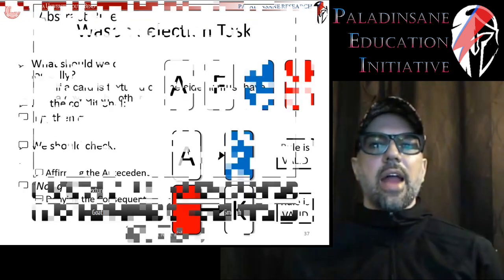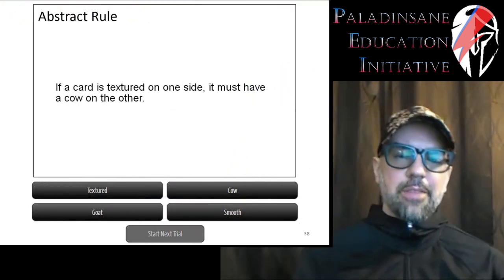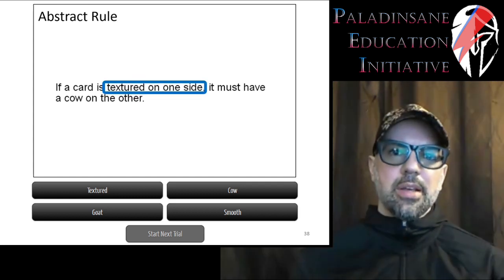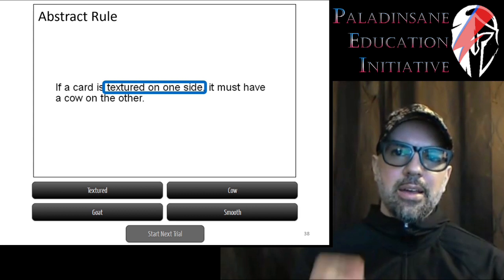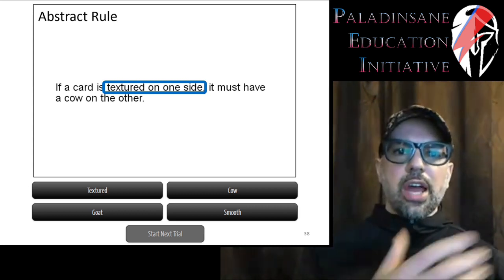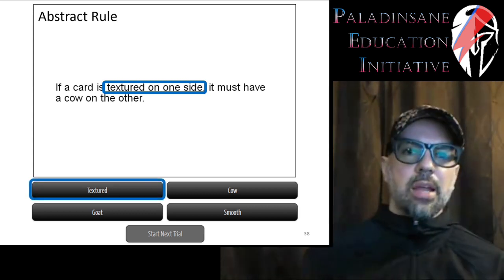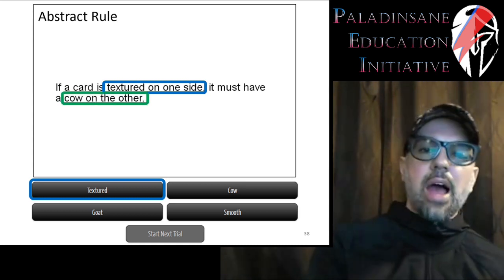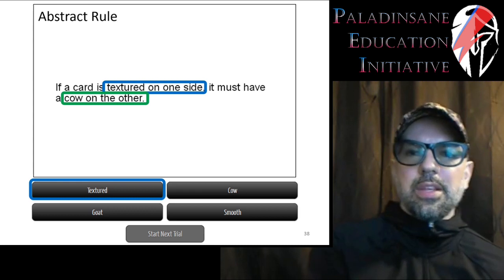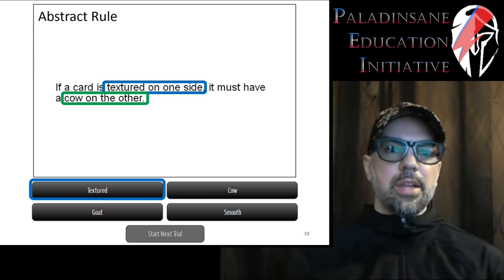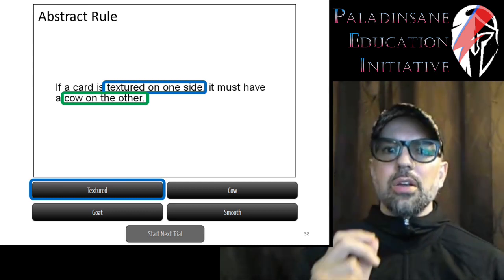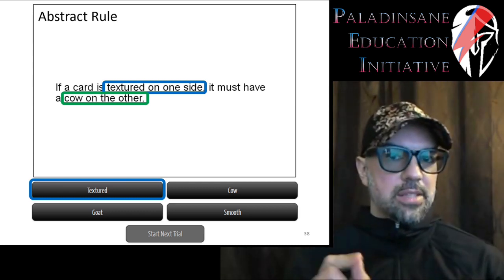So if we take a look at our abstract rules, if a card is textured on one side, that is your P statement. So we should check P if we were going to do this correctly. We should check the textured card and make sure that it has a cow on the other side. Now, cow on the other side is the Q portion of this statement, and according to valid conditional arguments, we shouldn't check Q. That's the mistake.